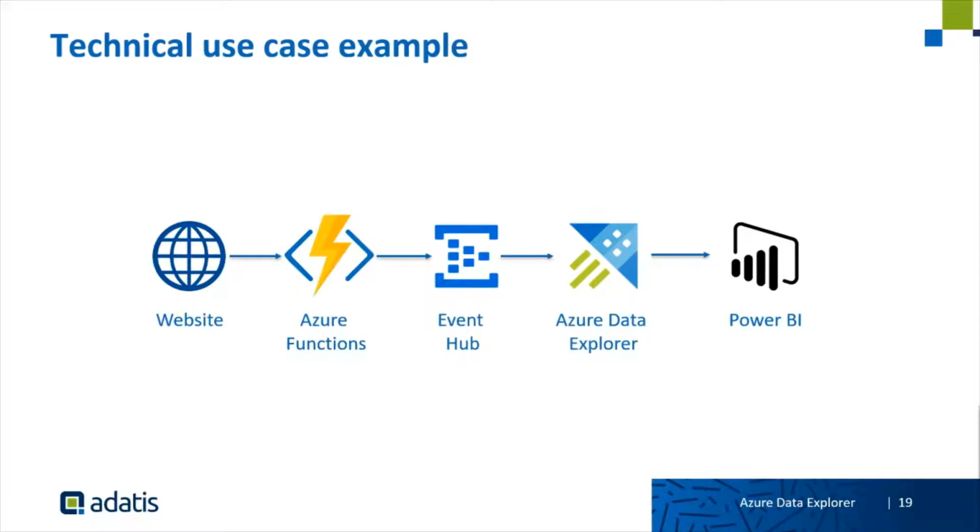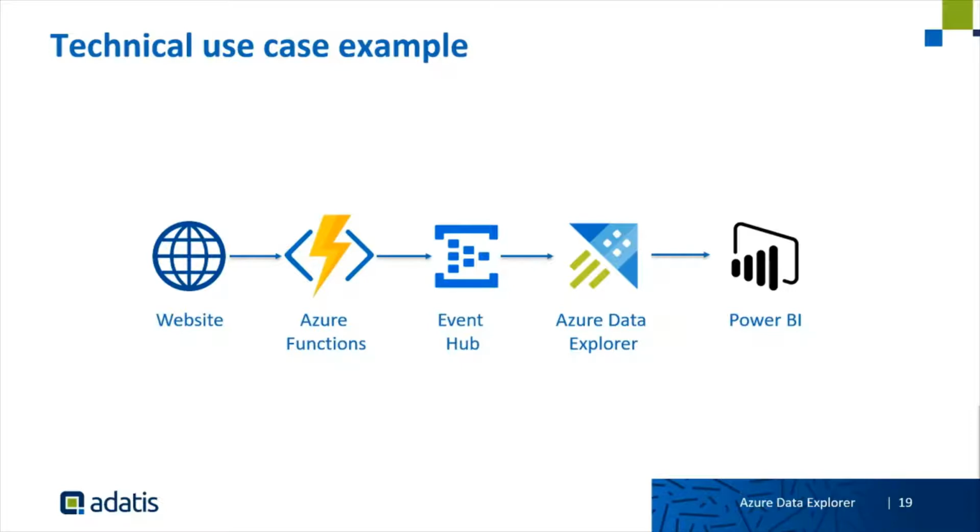So just to give also some very basic architectures where Azure Data Explorer can fit in, right? So basically, there is no one architecture. However, these are some ideas, right? So for instance, let's imagine we have a website. We can then use Azure Functions to feed to Event Hub, which will queue the data that is being received and send that over to Azure Data Explorer.